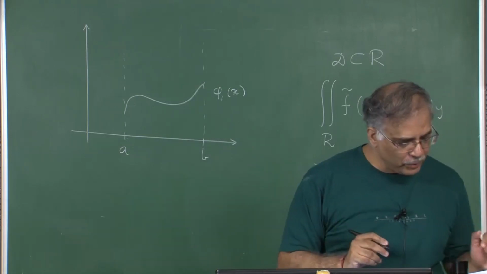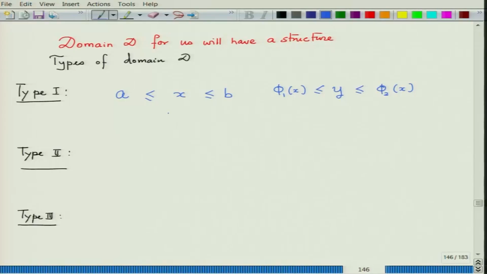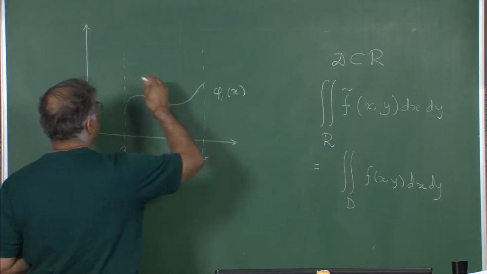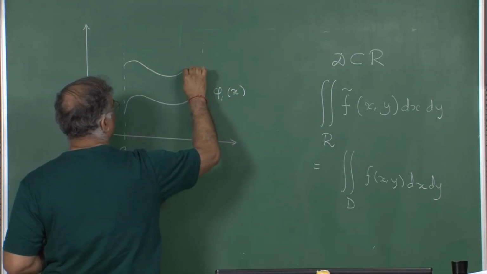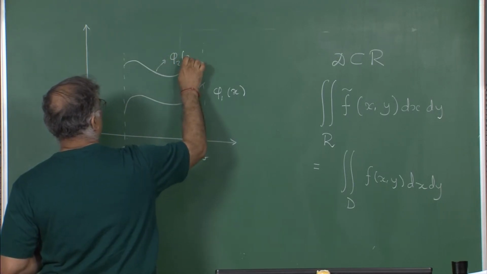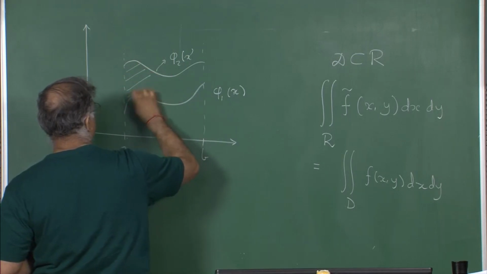Here you will have an important thing to remember: phi 1x always less than phi 2x for all x in AB. This is a restriction that we have to maintain. That is, phi 1 value can never go above phi 2 value, and that is how you create the region. It could be like this. So, this is phi 2x, and that creates the domain D.